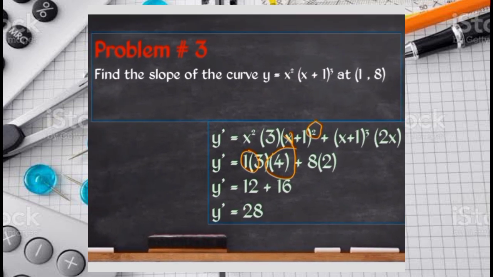Plus 8, which is (x plus 1) cubed, times 2. For 2x, it is just 2. So, y prime equals 1 times 3 times 4 equals 12, plus 8 times 2 equals 16.